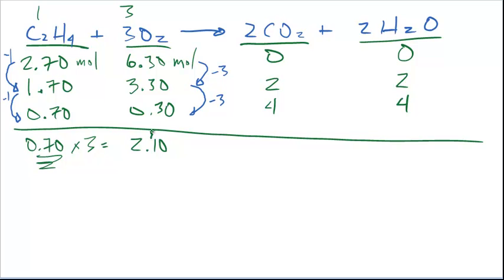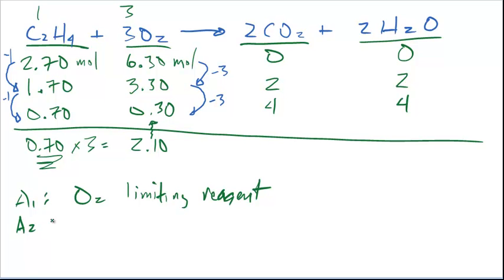And clearly, we do not have that amount of oxygen left. So we can safely say that the answer to question 1, oxygen is our limiting reagent. No doubt about it.